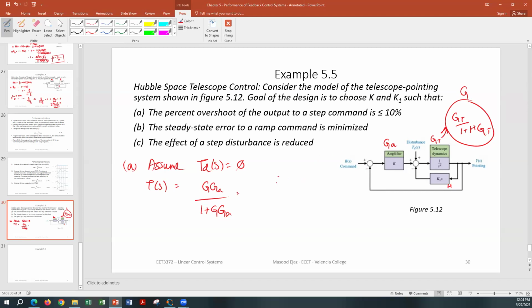Which will be GT over 1 plus H GT times GA over 1 plus GA GT over 1 plus H times.